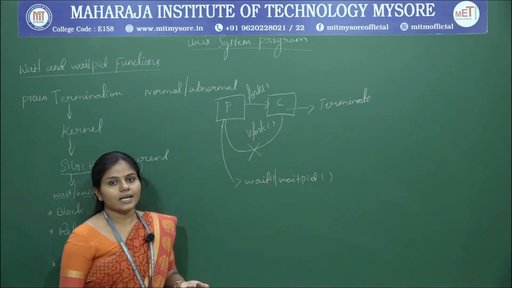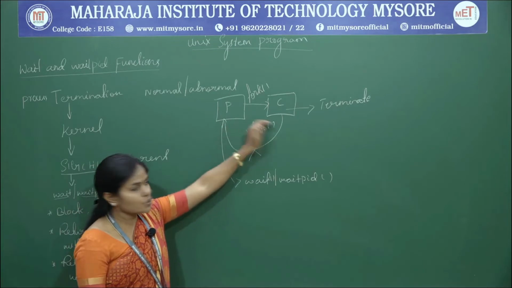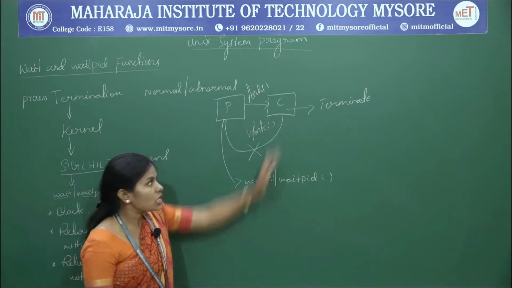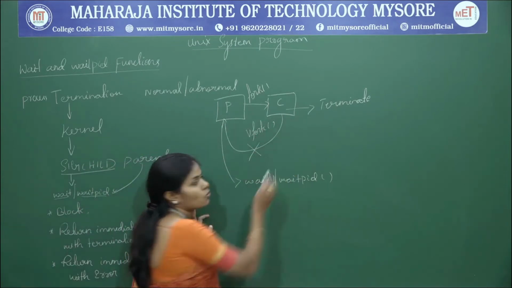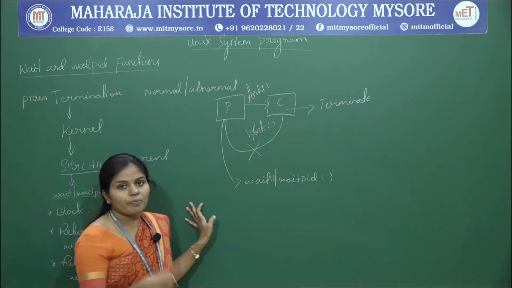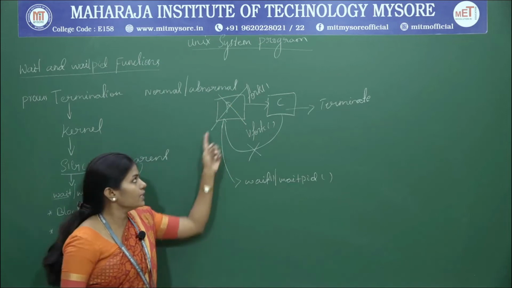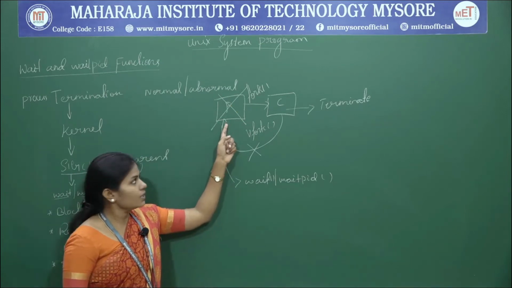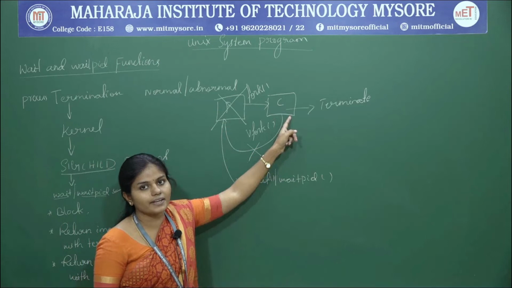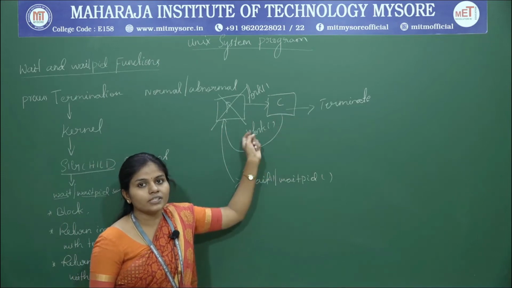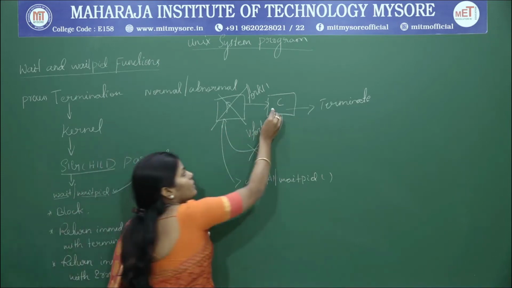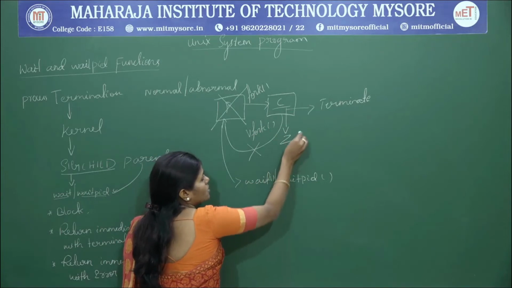The second thing is, the parent creates the child, and the child executes its operation. Meanwhile, the parent may exit before the child, exiting without intimating the child. In that case the child will become a zombie process, right?